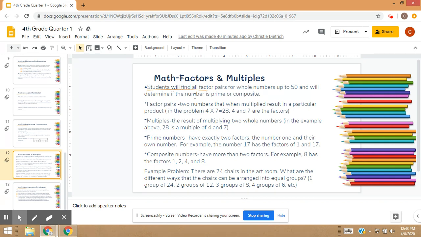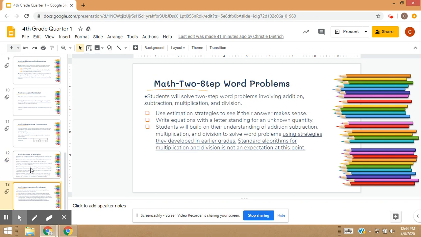And then numbers that are composite, numbers that can be multiplied by many different numbers to get that number. So, for example, you can get 4 with 4 times 1, but also 2 times 2, or 8 with 2 times 4, or 8 times 1, or 16 with 8 times 2, or 4 times 4, and like that. This is one that lots of students forget real easy. It can be easily forgotten.